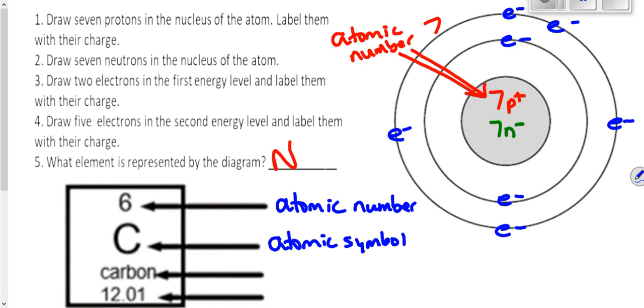But just so that we remember, we're also going to have the element's name, and most periodic tables will also give you the name to help you remember, because sometimes the symbol and the name don't look very much alike. And finally, at the bottom, we're going to have the atomic mass, which is how much that element weighs based on its protons plus its neutrons.